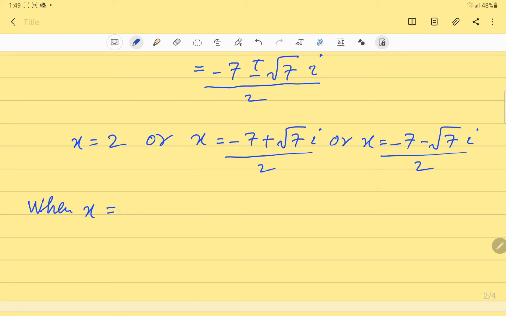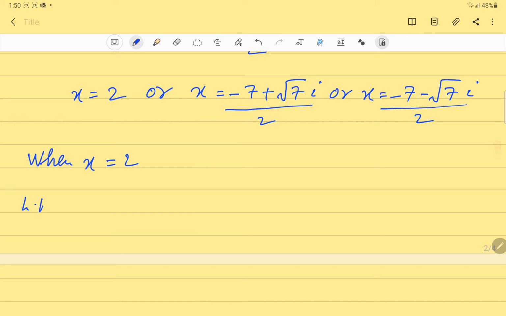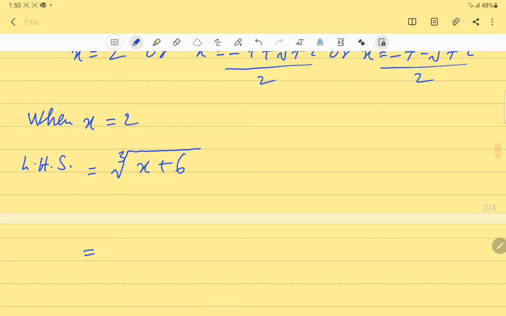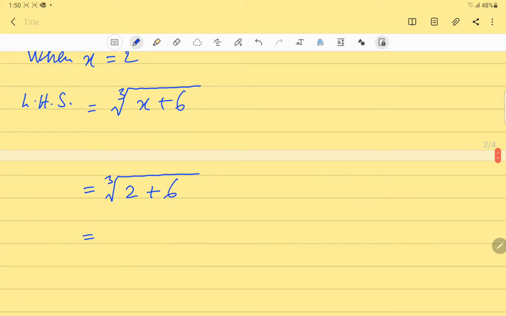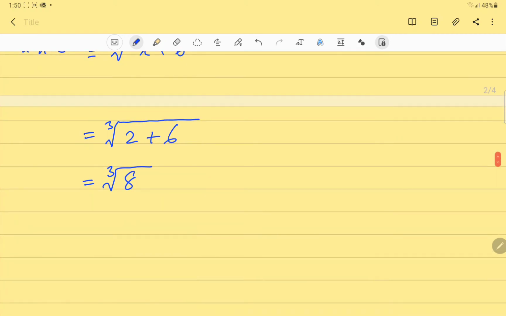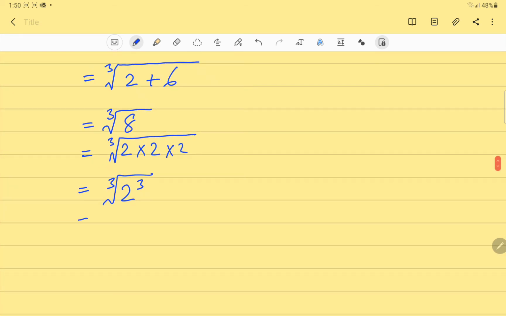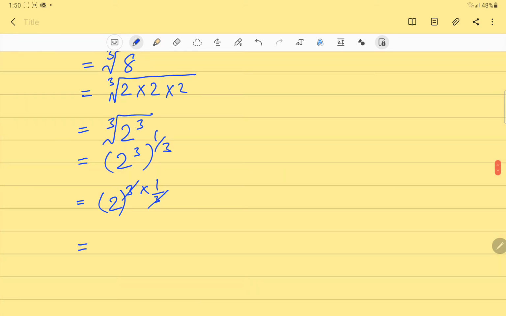When x is equal to 2, the left hand side is cube root of x plus 6, 2 plus 6 is equal to cube root of 8, which is 2 into 2 into 2, equal to 2 raised to power 3, and it can be written as 2 raised to power 3 whole raised to power 1 over 3. 3 cancels with 3, so we are left with 2, which is equal to the right hand side.